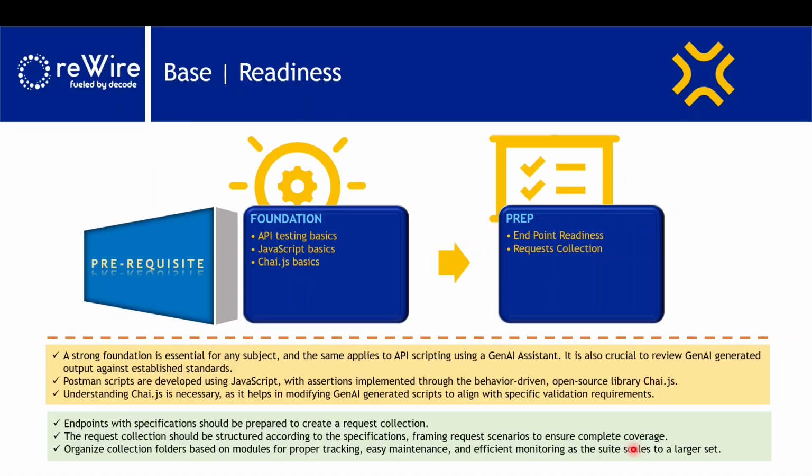You need to ensure those things while designing your requests. Each endpoint with one particular resource might have 5 to 8 scenarios, so that it has both positive and negative coverage.